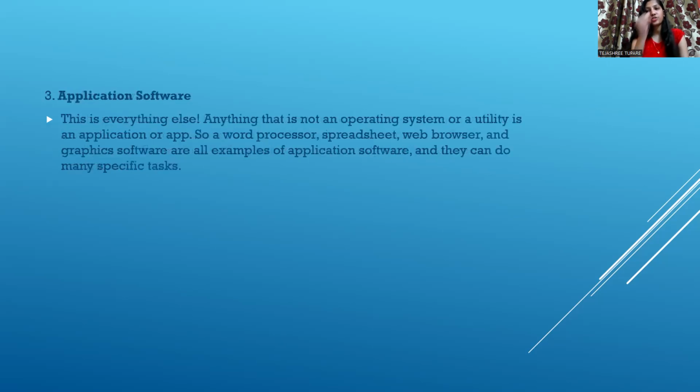Then application software, as I told you: the various applications you use, like word processing, PowerPoint, and Excel. There are various application software available, and as per your requirement you can install different ones. Anything that is not an operating system or a utility is an application, or an app. A word processor, spreadsheet, web browser, and graphic software are examples of application software.